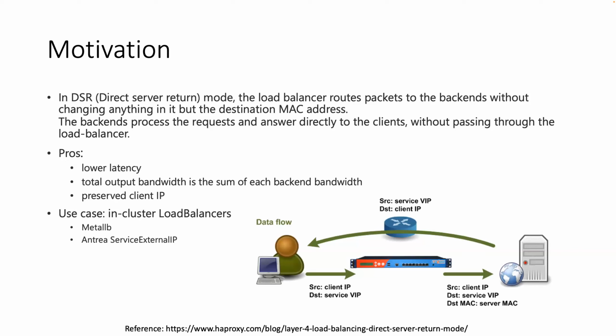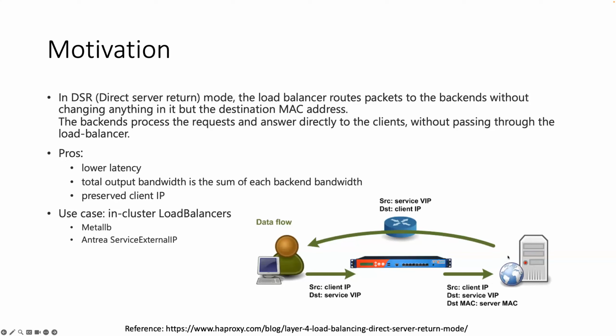A traditional load balancer has a mode called DSR, direct server return. Basically, the request will be load balanced by the load balancer to the backend, where some implementations might just change the destination MAC to the backend servers, and don't change the IP address and the higher payload.